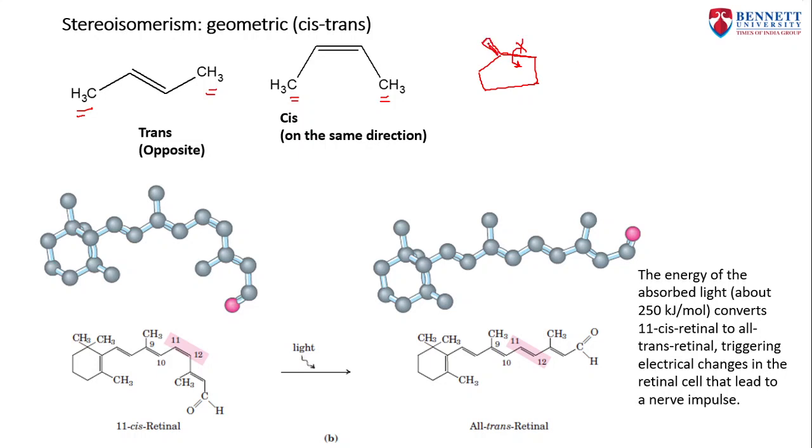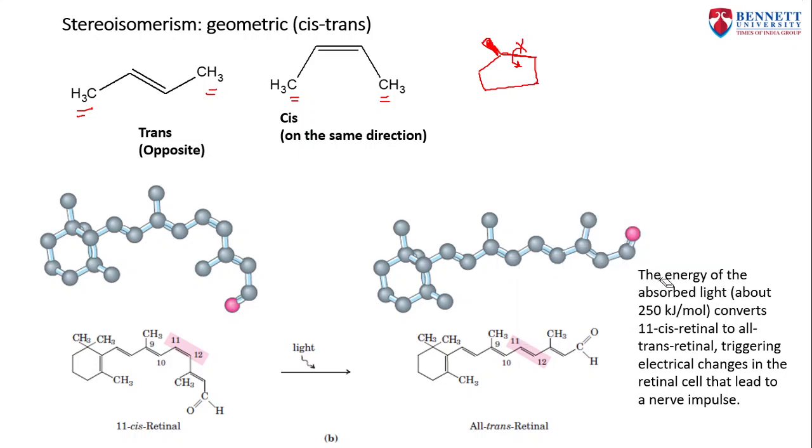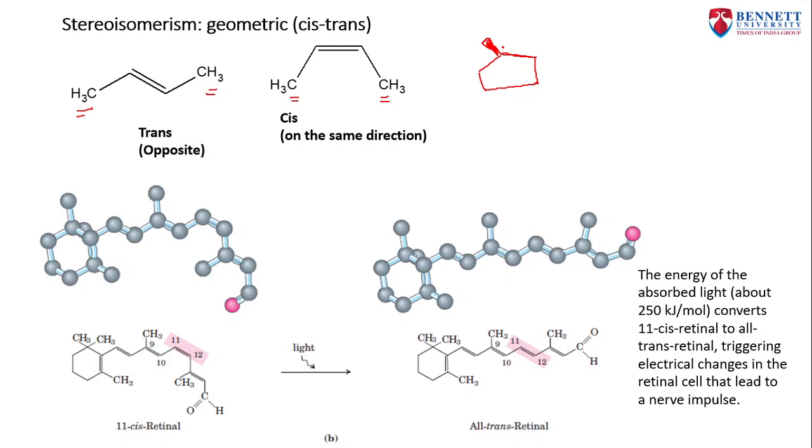So I will show an example. First, let me erase the bond rotation. So this particular bond is towards you, and dash bond is away from you.